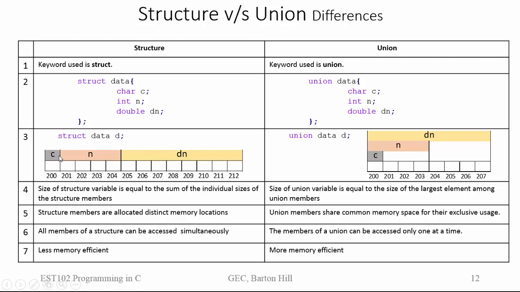Since memory is allocated separately for different members in a structure, they can be accessed simultaneously. But in the case of union, the members can be accessed only one at a time. In a structure all the memory locations are allocated, so it is less memory efficient, but in a union only the size of the largest member is allocated, so it is more memory efficient. These are the differences between structure and union.